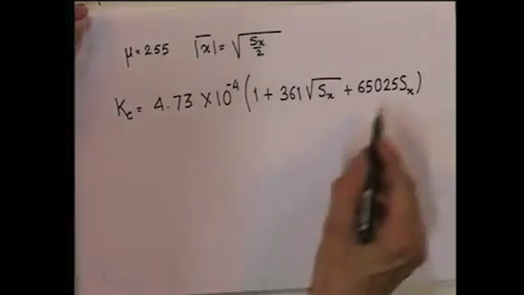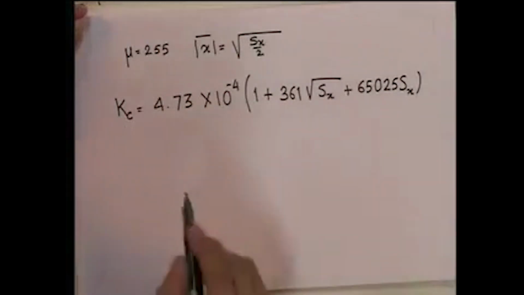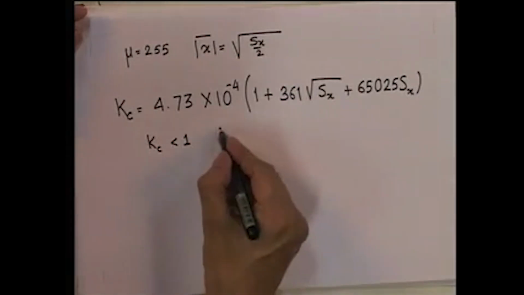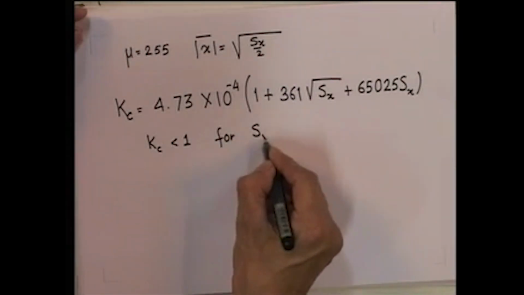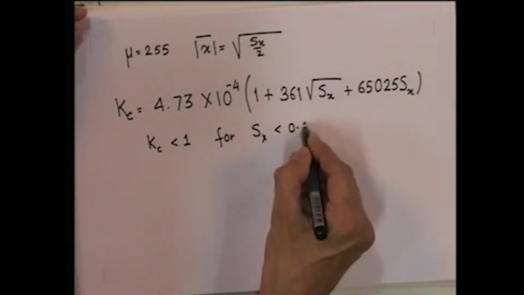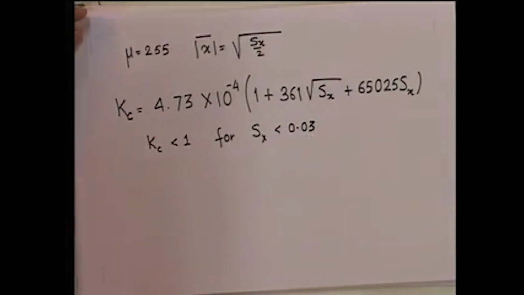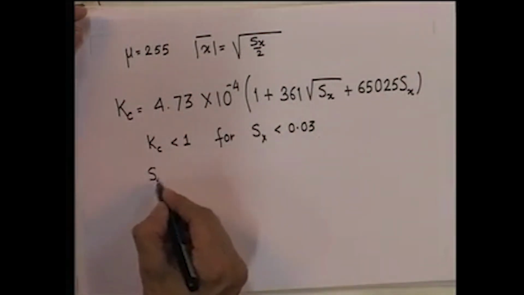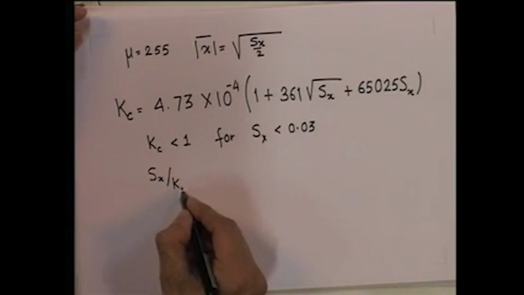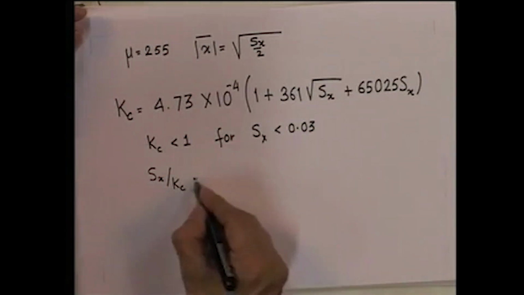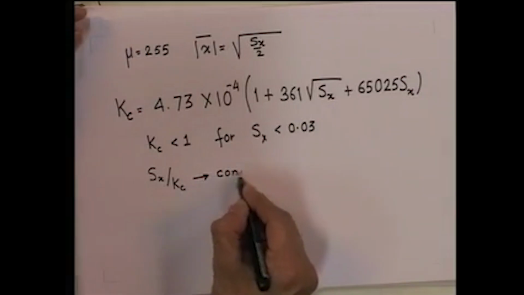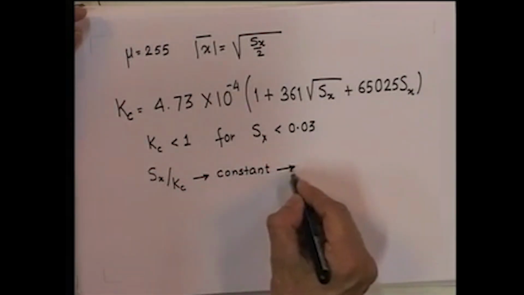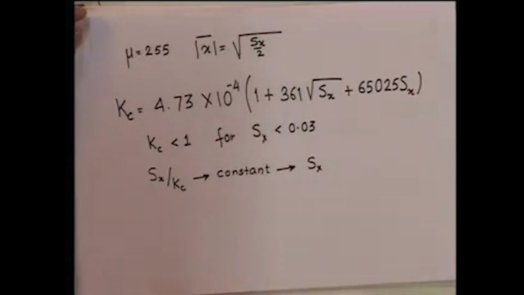Now, numerical evaluations then show that K c is less than 1 for S x less than 0.03, but more significant is the fact that S x by K c stays nearly constant over a wide range of S x.